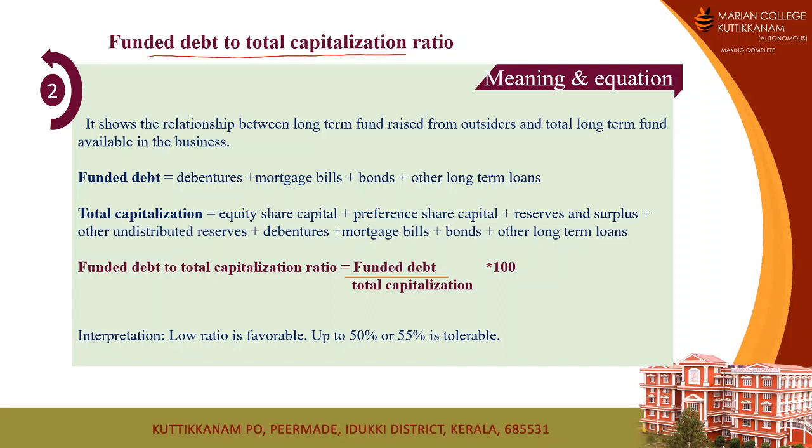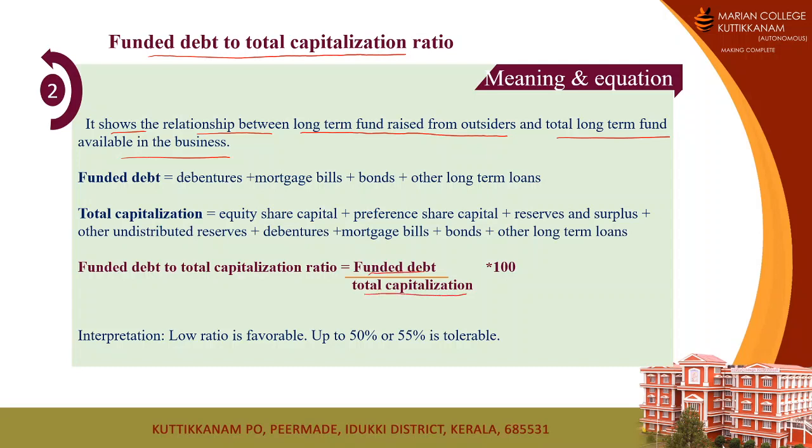This ratio shows the relationship between long-term funds raised from outsiders, that means outsiders' funds, and total long-term funds available in the business. This ratio can be calculated with the help of an equation, that is funded debt divided by total capitalization.